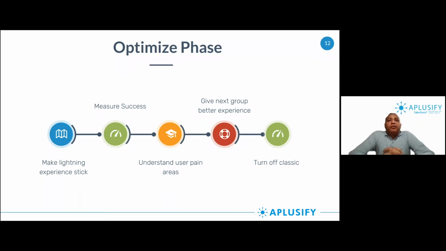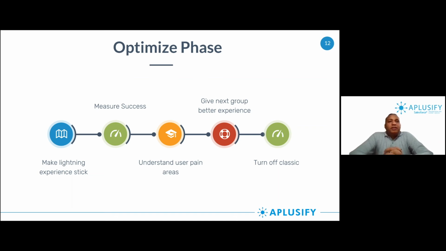Now, I think once you have done all your hard work in rolling out stuff, you come to this phase where you need to measure the success of your migration, right? The actual users have to start using it, right? And as I told you, you have done a lot of hard work in moving from Classic to Lightning.